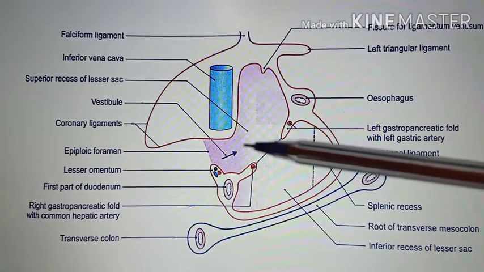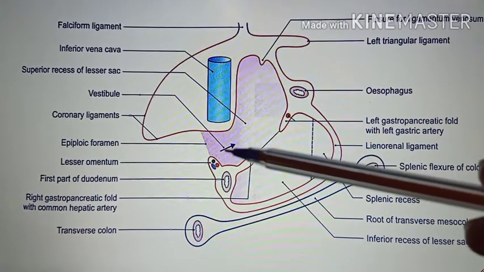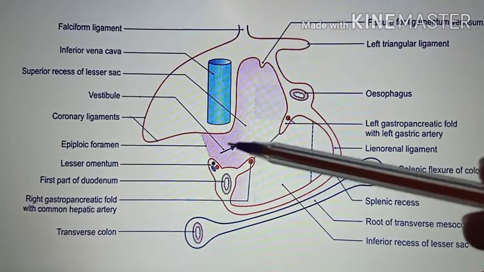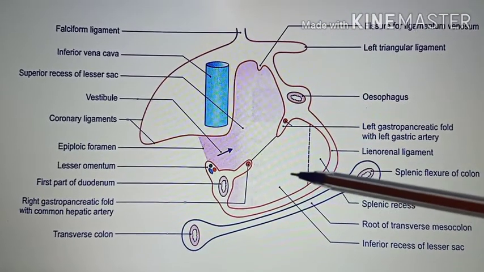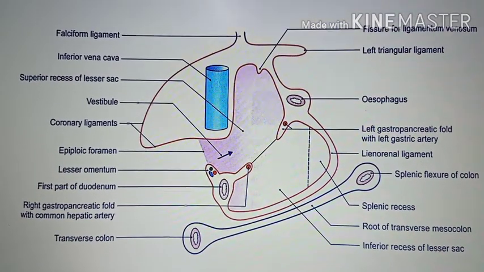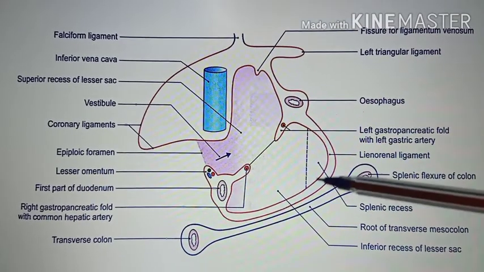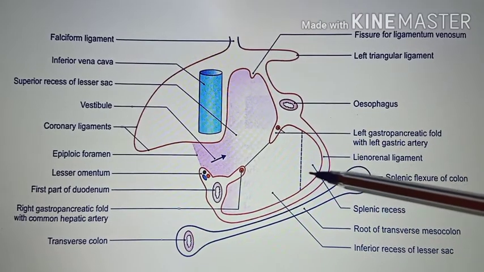Then the portion behind the lesser omentum is called the vestibule of the lesser sac. Then this entire inferior recess of the lesser sac is lying behind the stomach and within the greater omentum. Then this small portion is called the splenic recess.